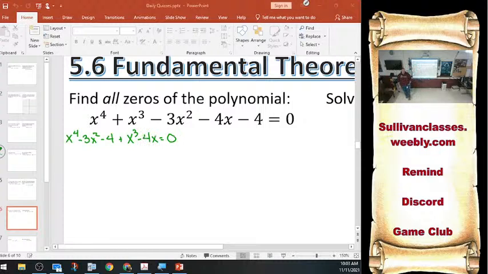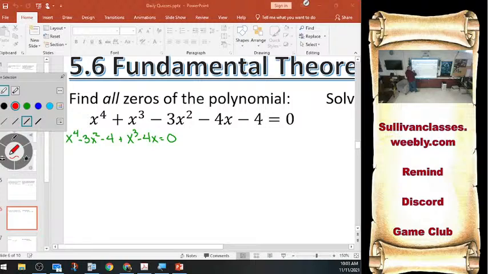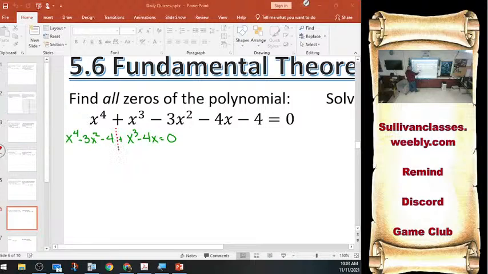If I rearrange it like that, do you see the factorable forms? These are in quadratic form. I could factor it as x squared minus 4, x squared plus 1. Here I could take out an x, leaving an x squared minus 4.